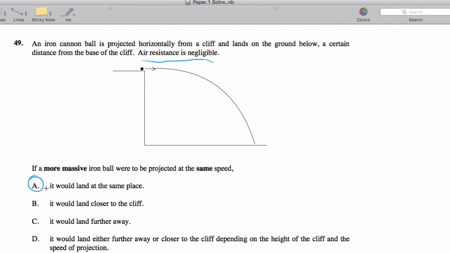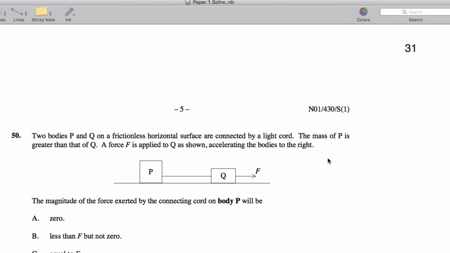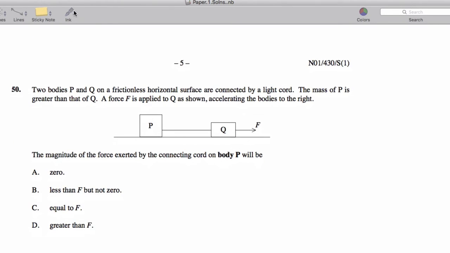When you ignore air resistance, don't let the heaviness or the lightness of the object fool you. This is similar to a problem we did with the wood and the iron ball being dropped. Again, when things fall and there's no air resistance, you don't have to worry about mass. Or rather, mass isn't a factor in the rate of falling.